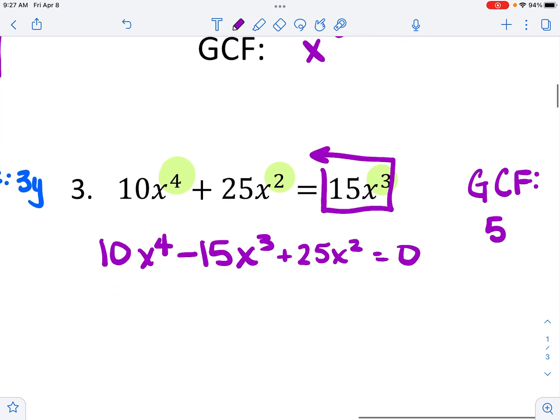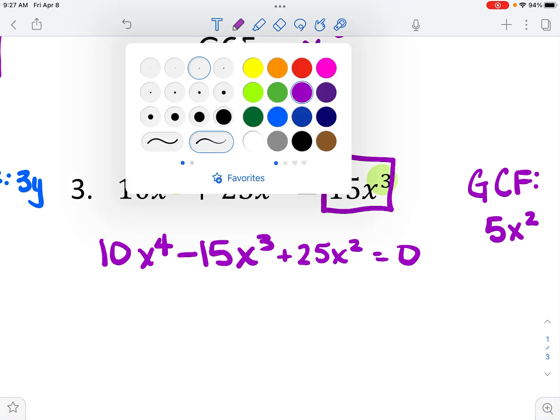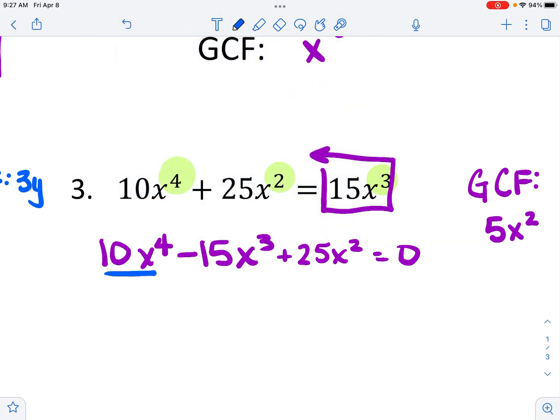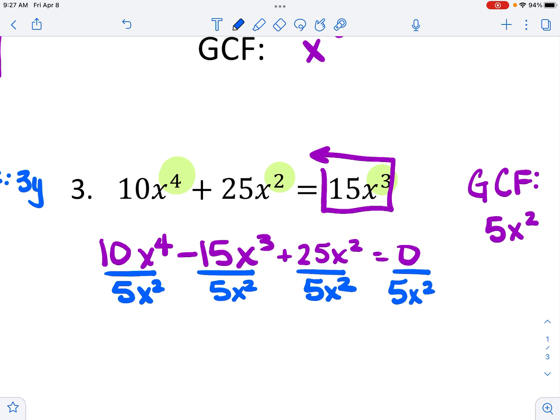So the smallest exponent value that's available here is going to be our x squared. So we are going to divide each term by our GCF. Don't forget to write it as a term out front.